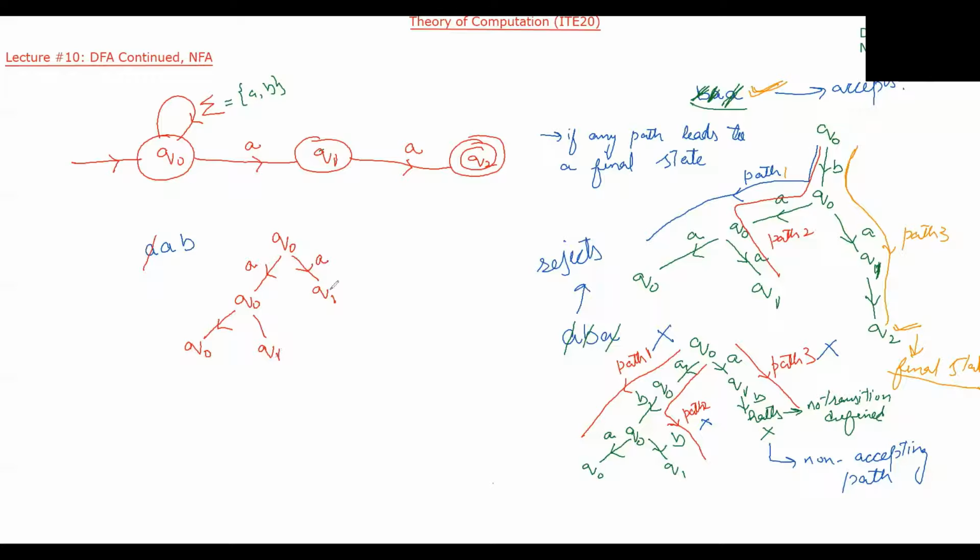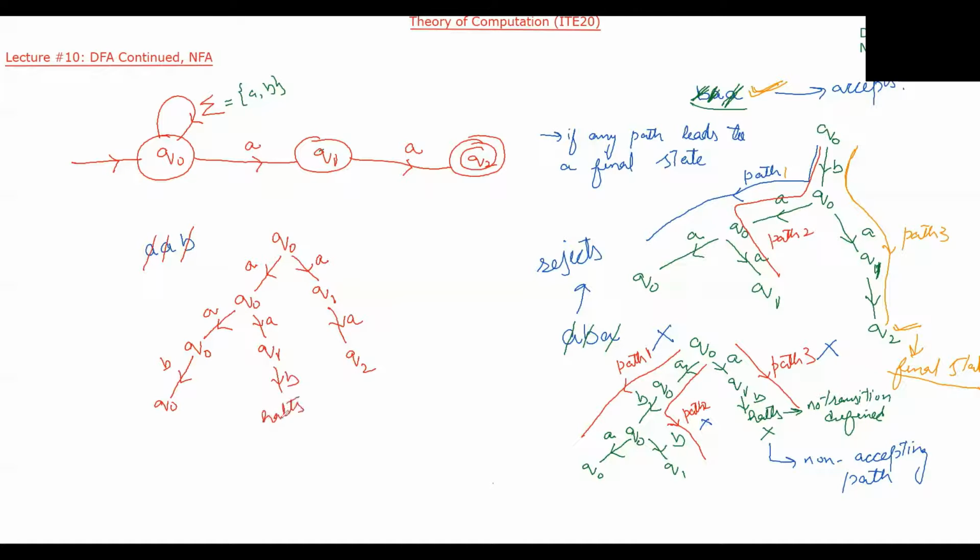Okay. However, if it has followed this path, Q1 path, and A comes, okay, what will happen? It will go to Q2. Okay. Now these two have completed. Now B comes. So if it has followed this path, Q0 path, on B it will go to Q0. However, if it has followed this path, Q1 path, on B it halts.